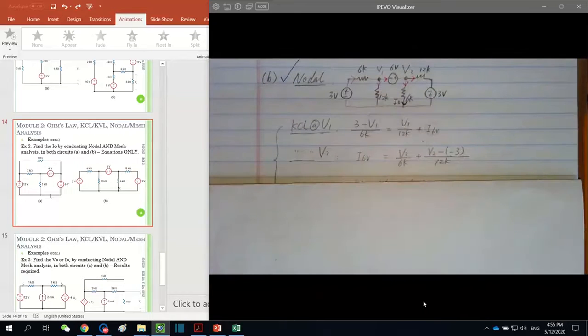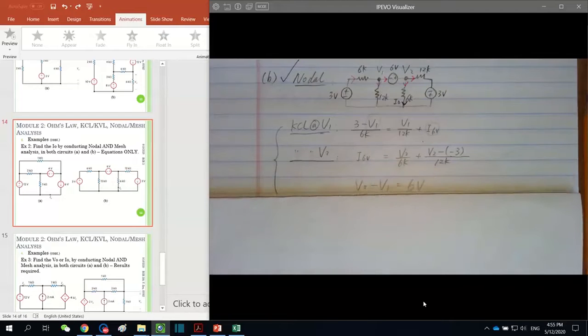So from these two equations, we count V1, I 6 volts, V2, 3 unknowns, however 2 equations. So we have to figure out one more equation. Here I come up with this equation. Notice that the difference between V1 and V2 is nothing but 6 volts, established by that 6 volts voltage source. By the polarity, we can tell V2 going down by 6 volts equals V1, or say V1 going up by 6 volts equals V2.